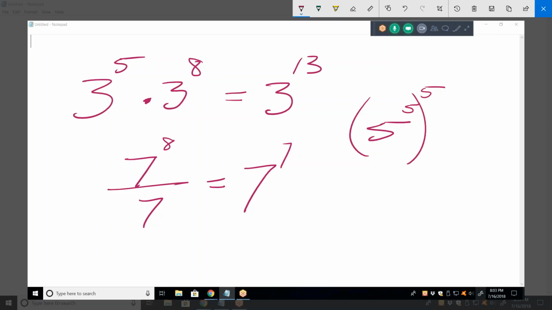But if I put parentheses around that, now what I'm doing is 5 to the 5th, all to the 5th power. So what's that?